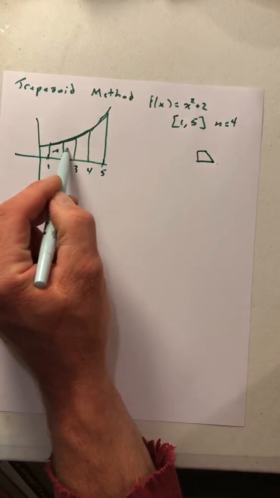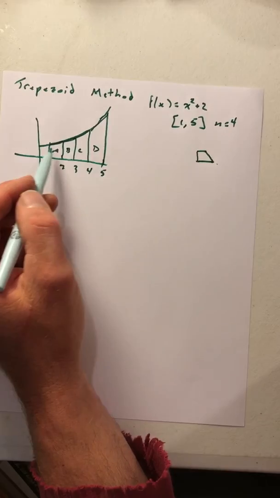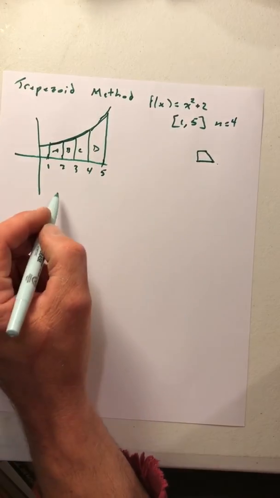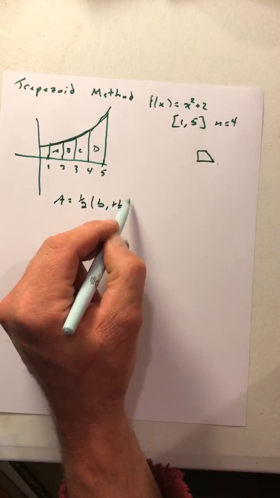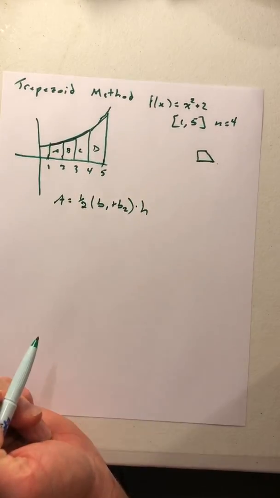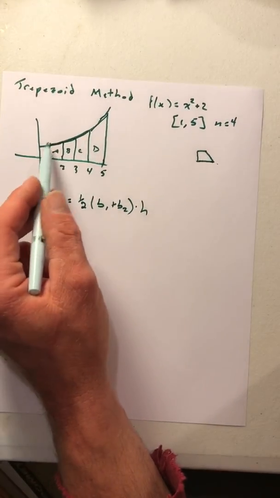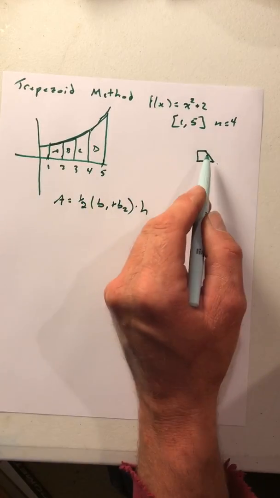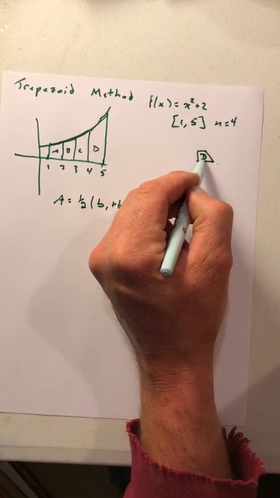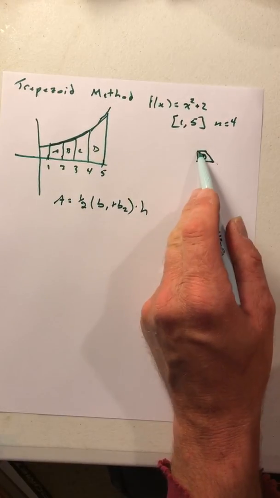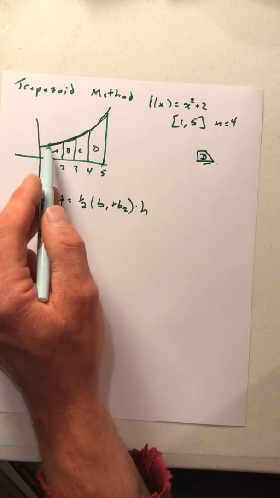So if I create my 4 sections, A, B, C, and D, how do I find the area of that trapezoid? Remember, the area of a trapezoid is 1/2 of the 2 bases added together times the height. Well, how does that play into this trapezoid here? Well, if I take this figure and turn it on its side, there would be my A. So my 2 bases here are actually the heights up to this function.